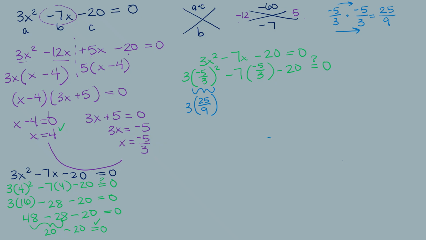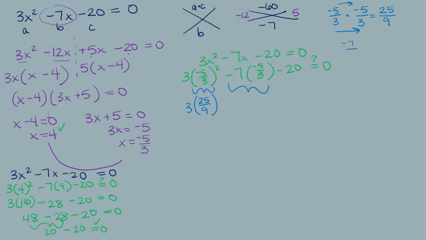And then we're just going to do the same thing and move all these other numbers. So we have our negative 7 times negative 5 over 3. I'm going to write it over here so it's more legible.